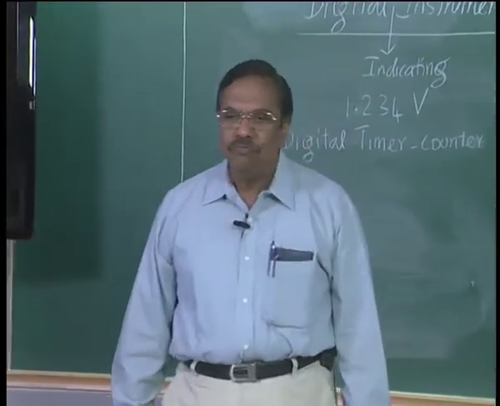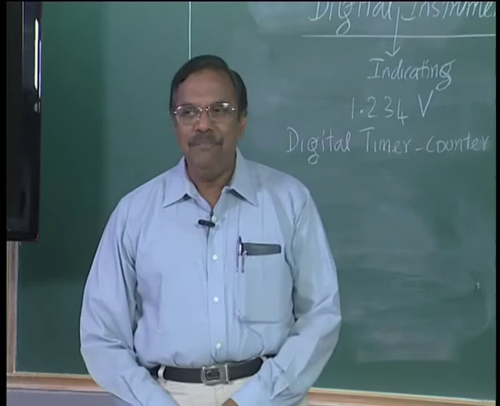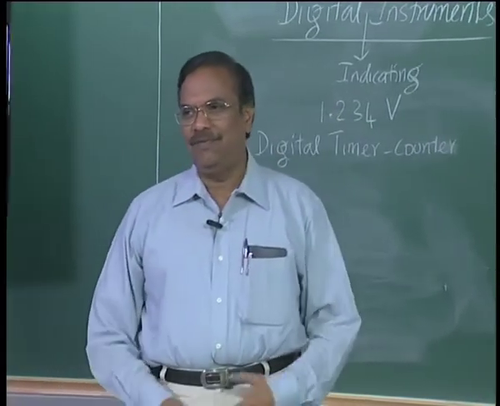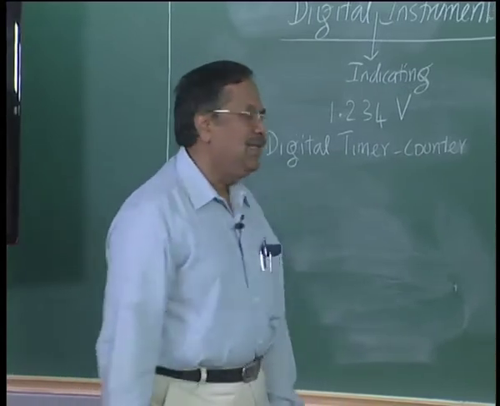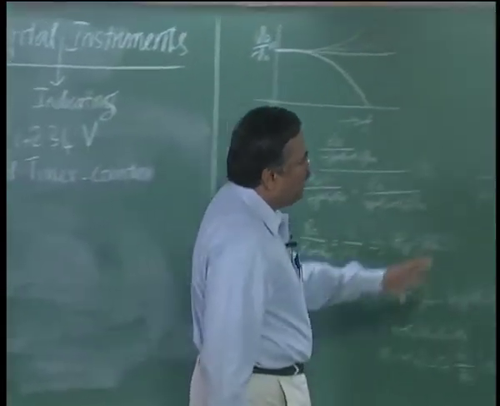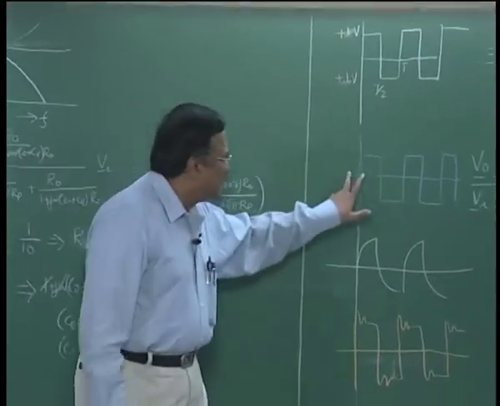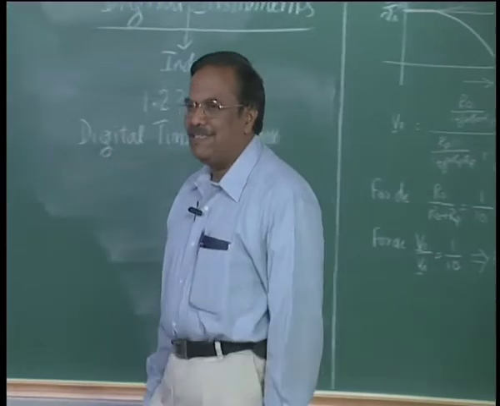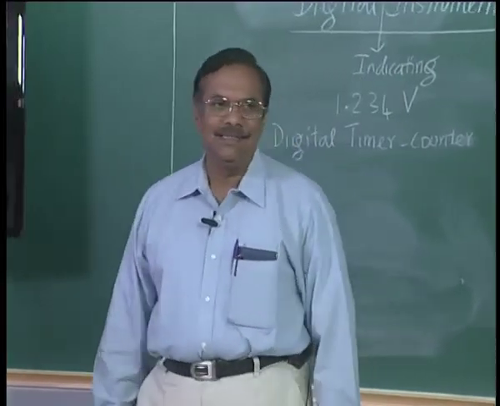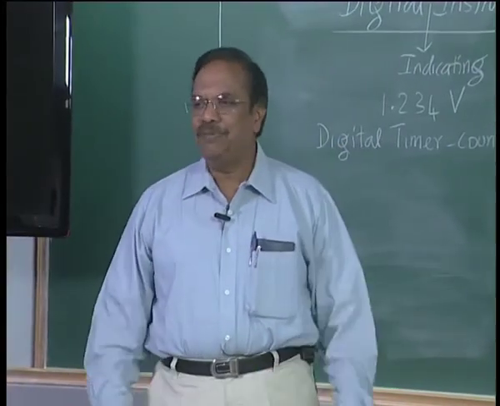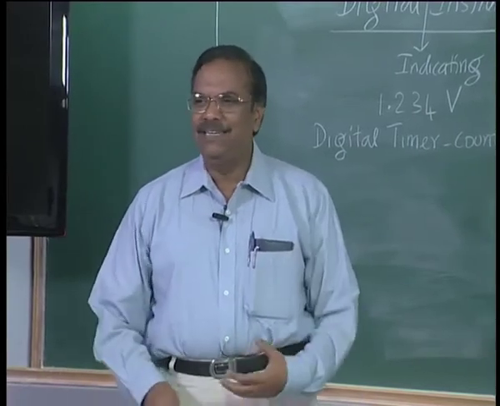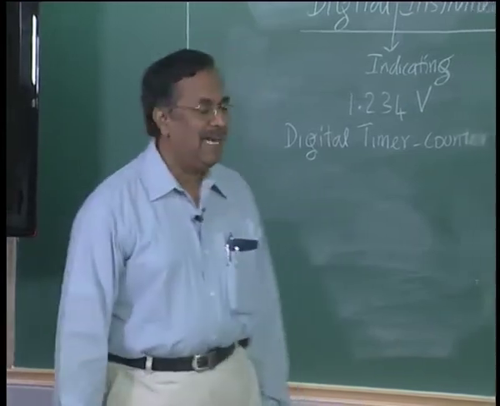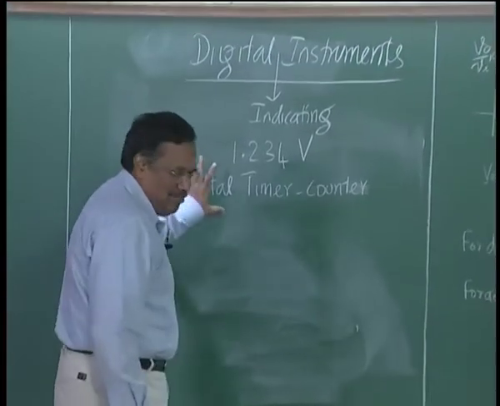If you want to measure the time period or the frequency of a waveform, the only option open to you is to display it on an oscilloscope, measure the time period, then find the frequency as 1 by t. So people were looking for an instrument which will straight away tell the frequency is 7.375 kilohertz. That is the instrument that came first.